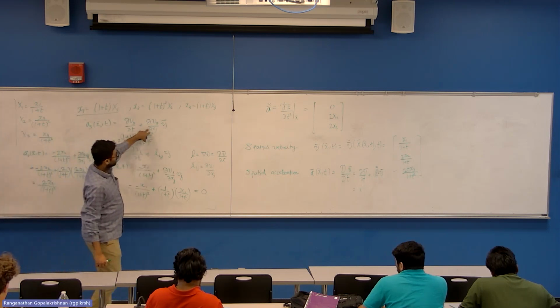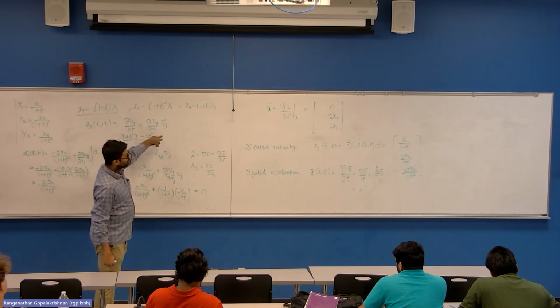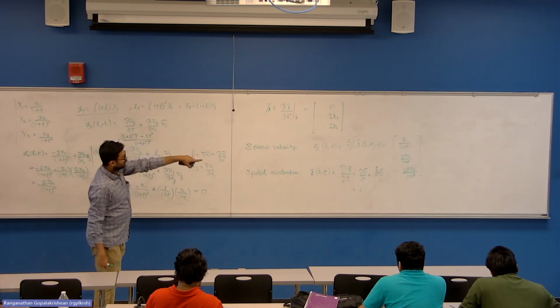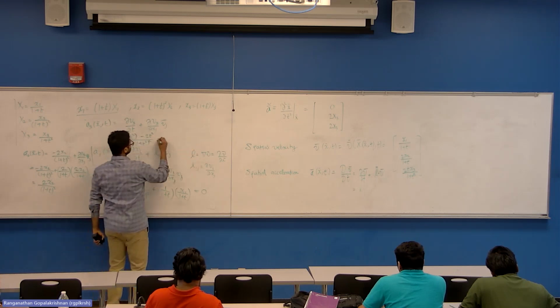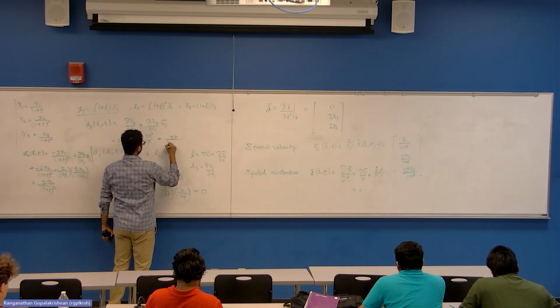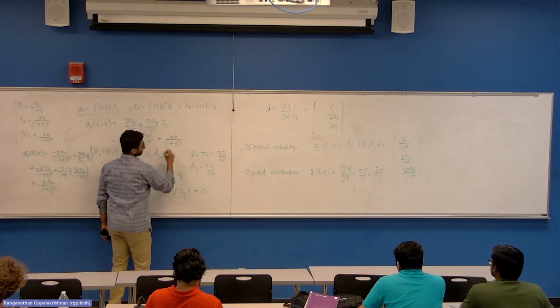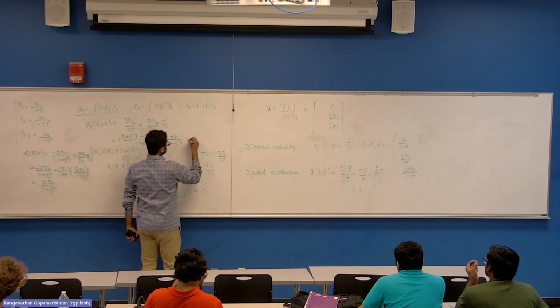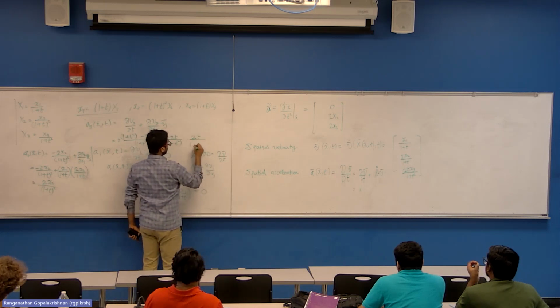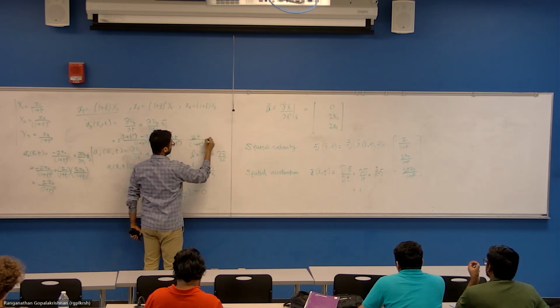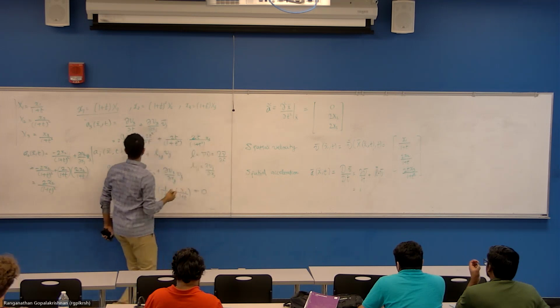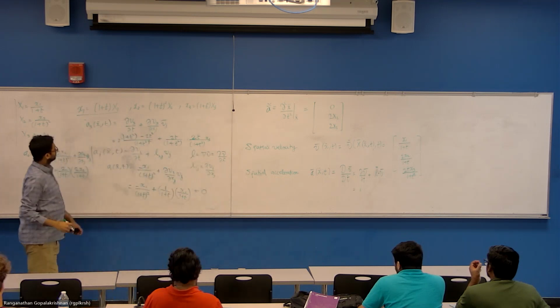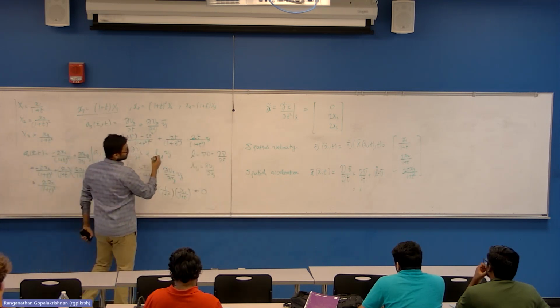And then for the second term, V3 with respect to x1 and x2 are 0. And then you have plus 2t divided by 1 plus t squared, and then I have to multiply by V3 as well, which is another 2t divided by 1 plus t squared times x3. Wait, I left out the x3 here.